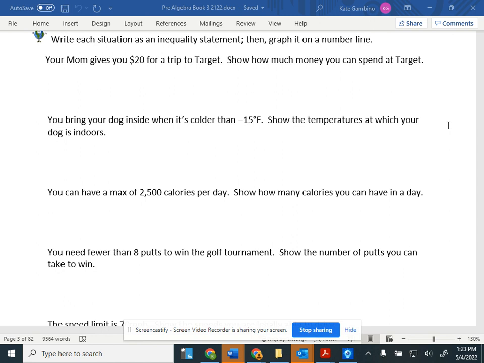He's spending it all. I like to put some in savings, so I might spend half of it and put half of it in my piggy bank for another time. What is my inequality statement going to look like? We want to start with our variable. Maddie?